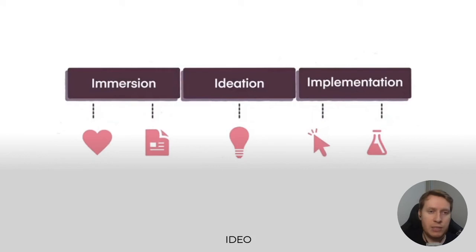The second phase is ideation, where designers propose alternative solutions. And then at the end, they have the implementation phase, where they build prototypes and test these prototypes and make sure that solution has the right fit for the problem that was identified at the beginning of the process.